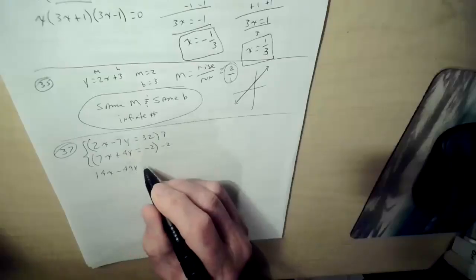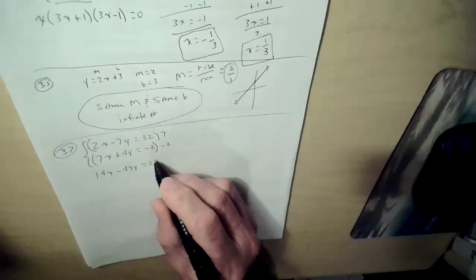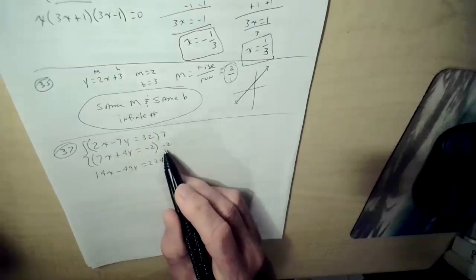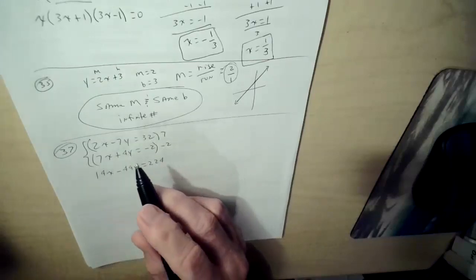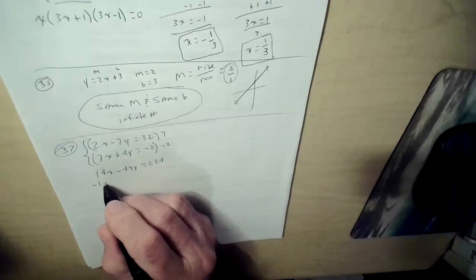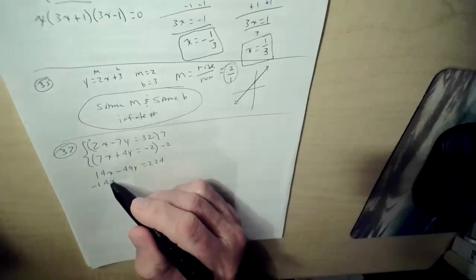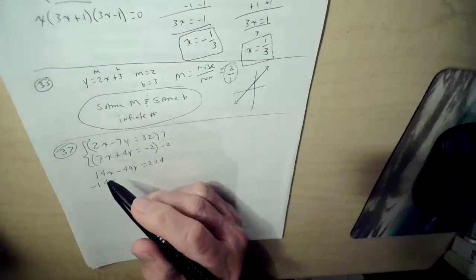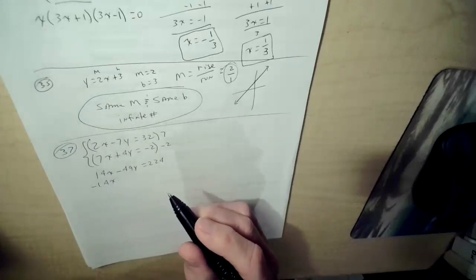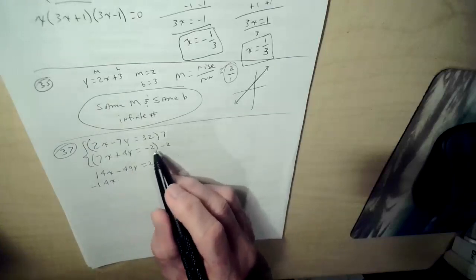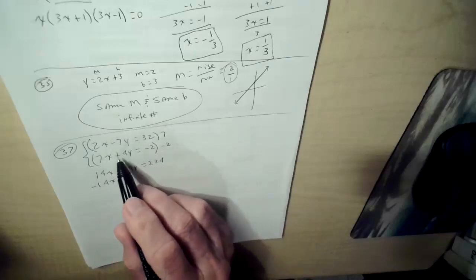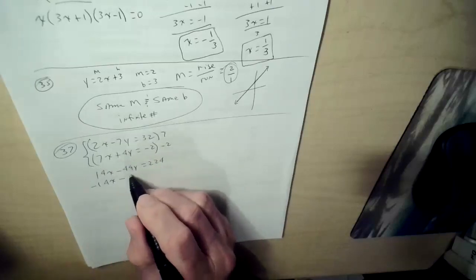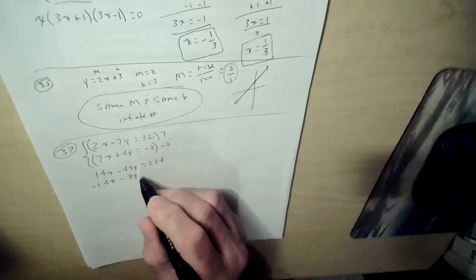That'll eliminate these two. So we're going to end up with, we multiply 7 times everything in here. That's 14x minus 49y equals 224. Now we multiply negative 2 times everything here, and we get negative 14x, and that's what we want. We're going to eliminate this.